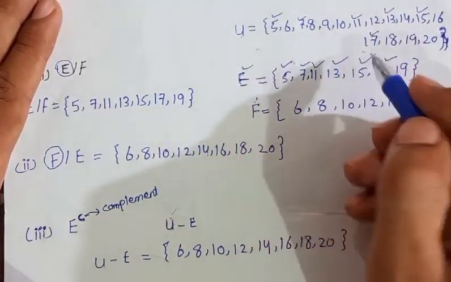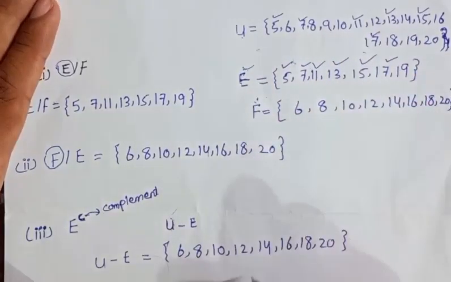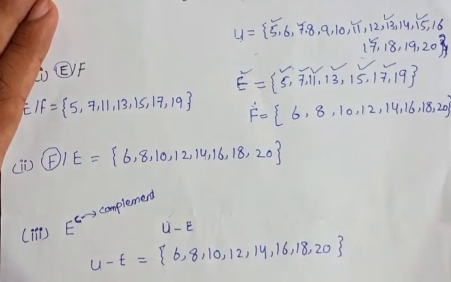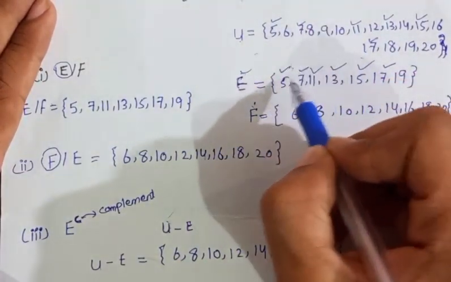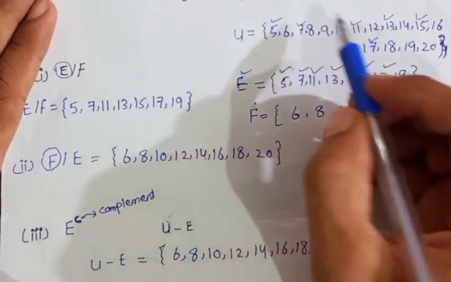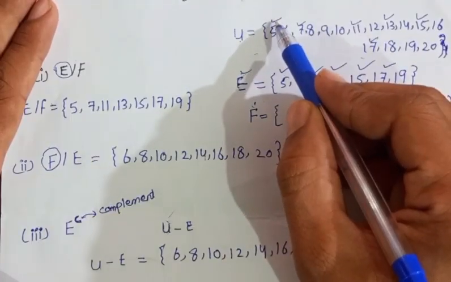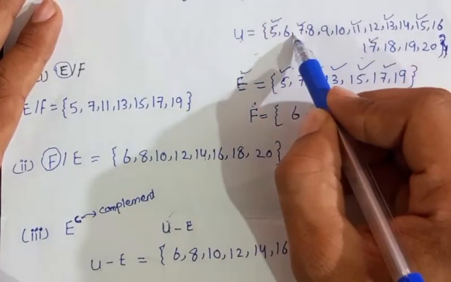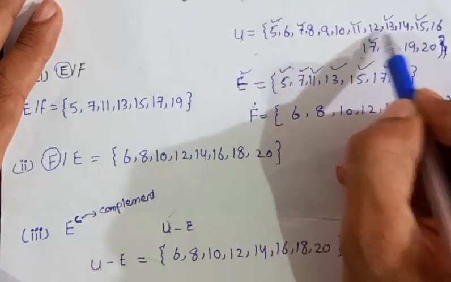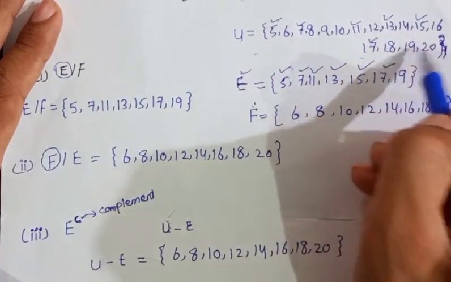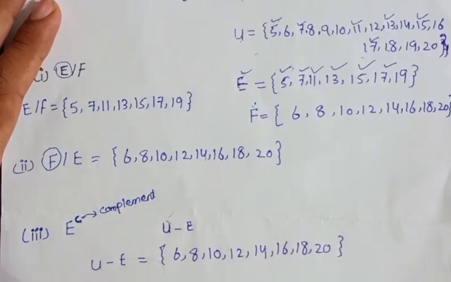In the universal set there were some elements common with set E, so I ignored them and wrote the other numbers. This is the set.